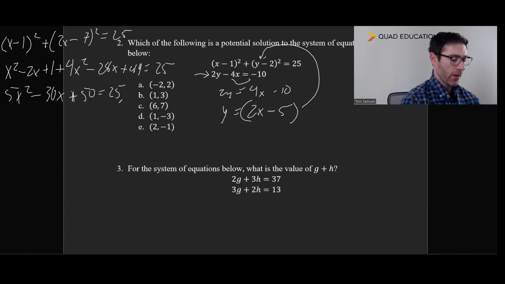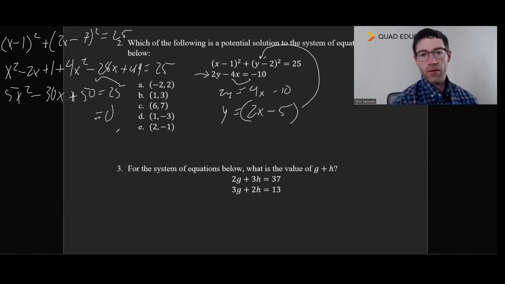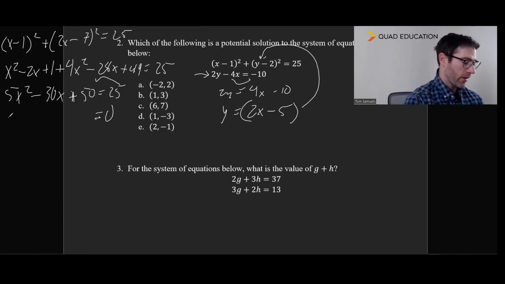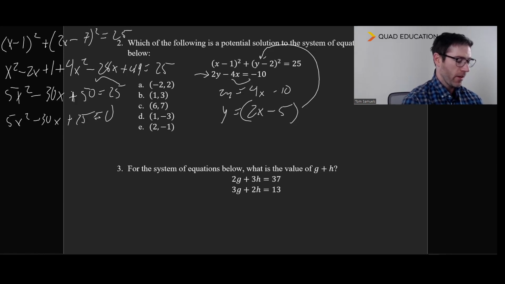I'm going to go ahead and move my 25 over here so that it equals 0, because when we're solving quadratics, we're always going to want to make our equation equal to 0. That's going to give me 5x squared minus 30x plus 25. And then I can go ahead and divide by 5 to get x squared minus 6x plus 5 equals 0.